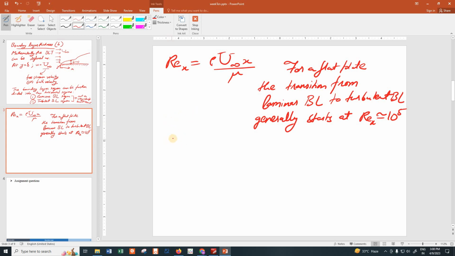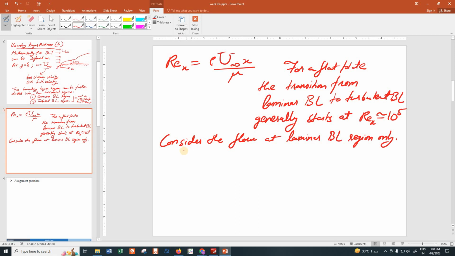At the laminar boundary layer region, the inertial and viscous terms balance each other.